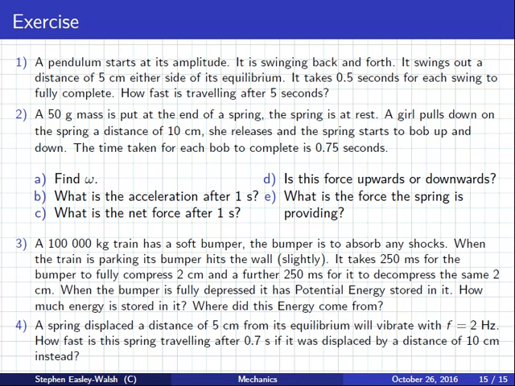And for the 250 milliseconds to decompress. Yeah, further. What do you think further means here? More than 250. No, I'm saying it takes 250 and another 250. Yeah. Okay.